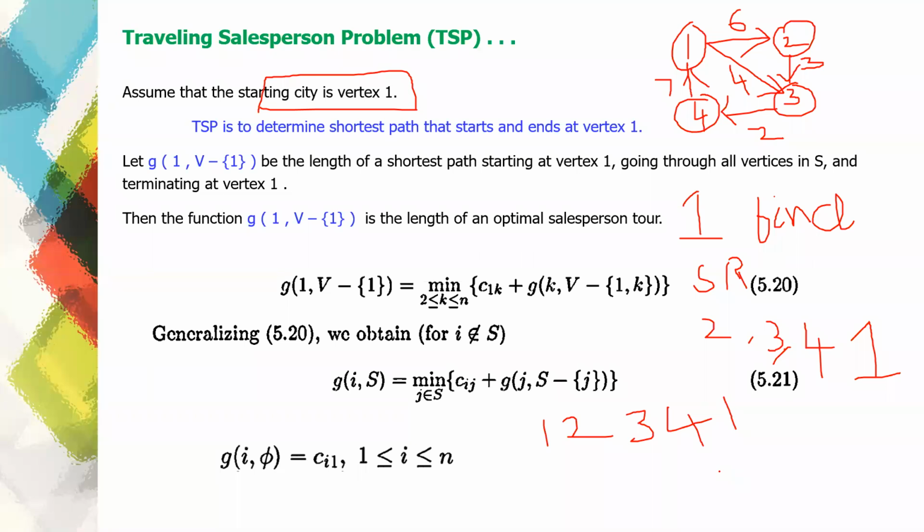That is the order in which the cities will be traveled. You'll start with city number 1, then you'll go to city number 2, then to city number 3, city number 4, and come back and stop at city number 1. This might be the shortest path, or 1, 3, 2, 4, 1 might be the shortest path, or 1, 4, 2, 3, 1 might be the shortest path. So there might be different routes through which travel can happen.